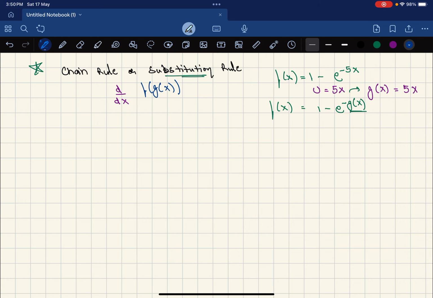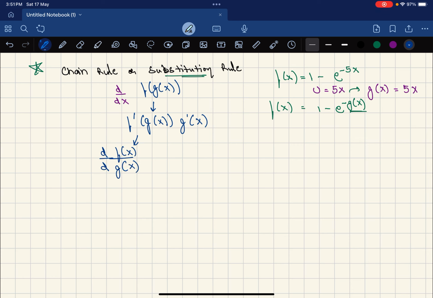The derivative of f of g(x) is computed, using the chain rule, as f'(g(x)) g'(x). Now we can write it in a clearer way as d f(x) with respect to d g(x), times d g(x) with respect to x.